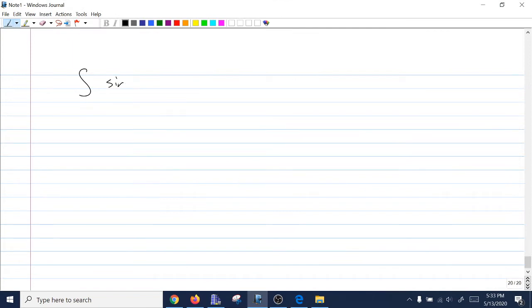Let's just do sine to the fourth. This is, again, a version of sine to the a times cosine to the b. The b here is 0, which is even. The a here is 4, which is also even.